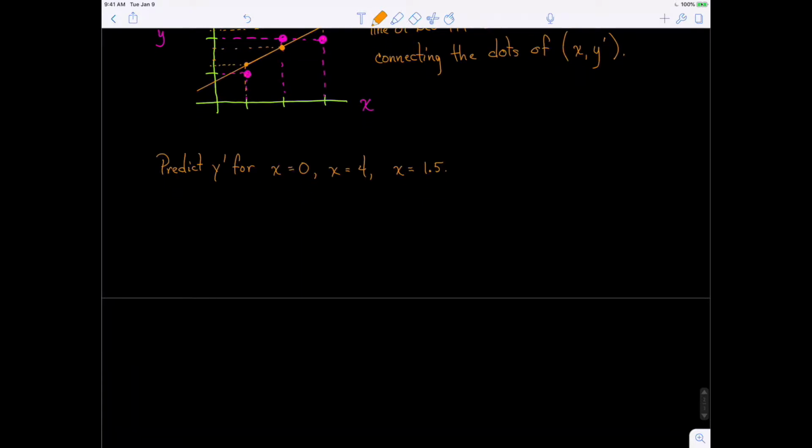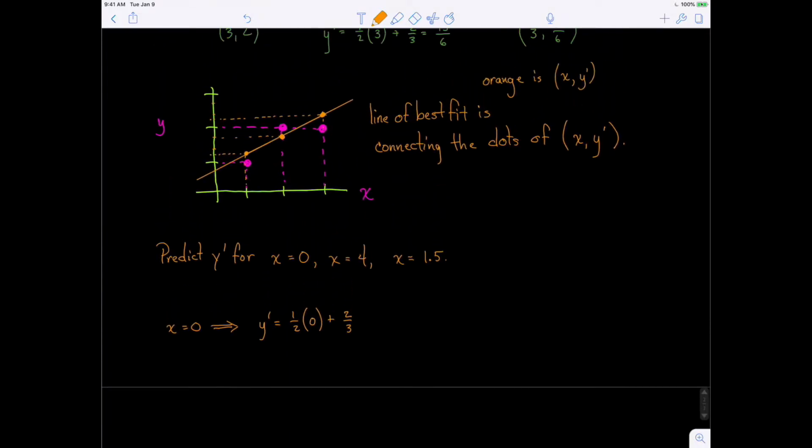All right, so here's how we do this. We use our same linear equation. So let me make this a little clearer so we can keep track. When x is 0, here's what we have. I'd write y prime equals 1/2 times 0 plus 2/3.